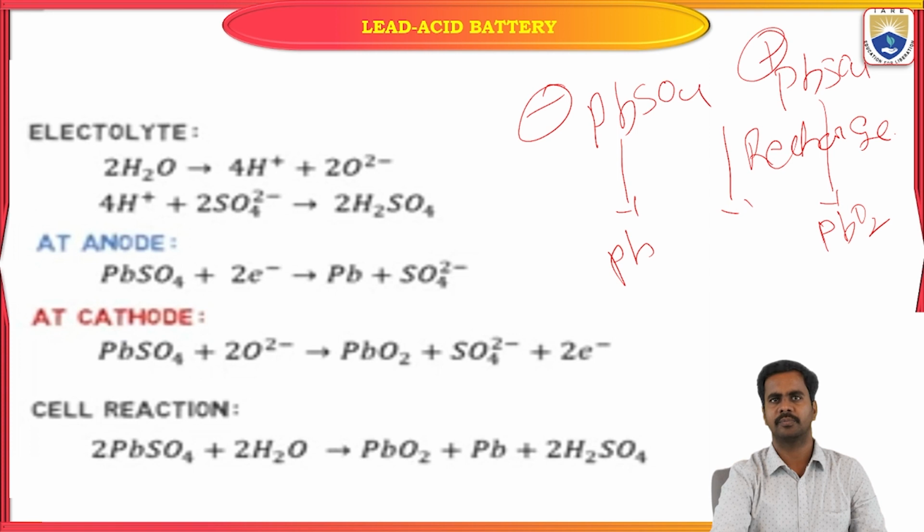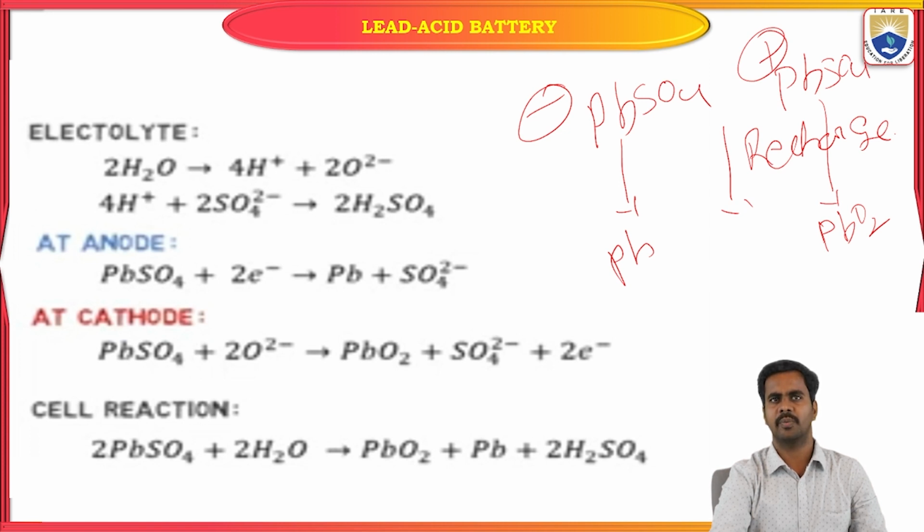At the anode, PbSO4 undergoes reduction by the gain of electrons, forming Pb and SO4 minus 2.